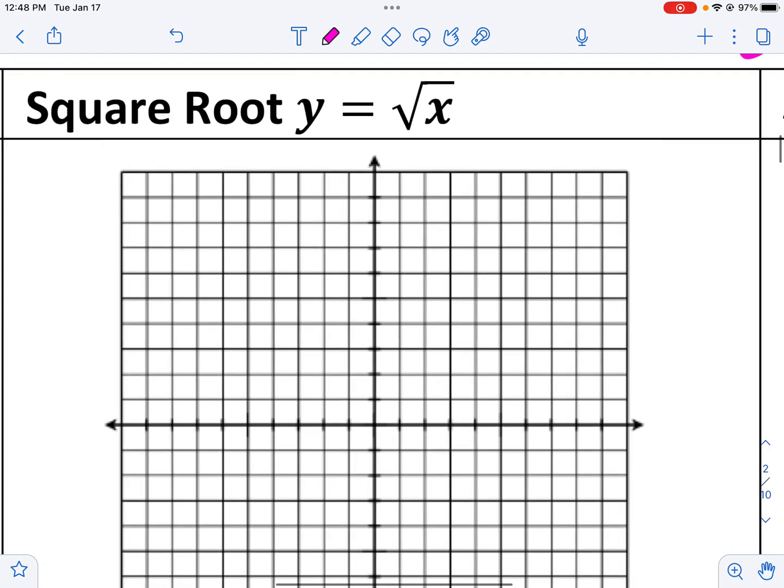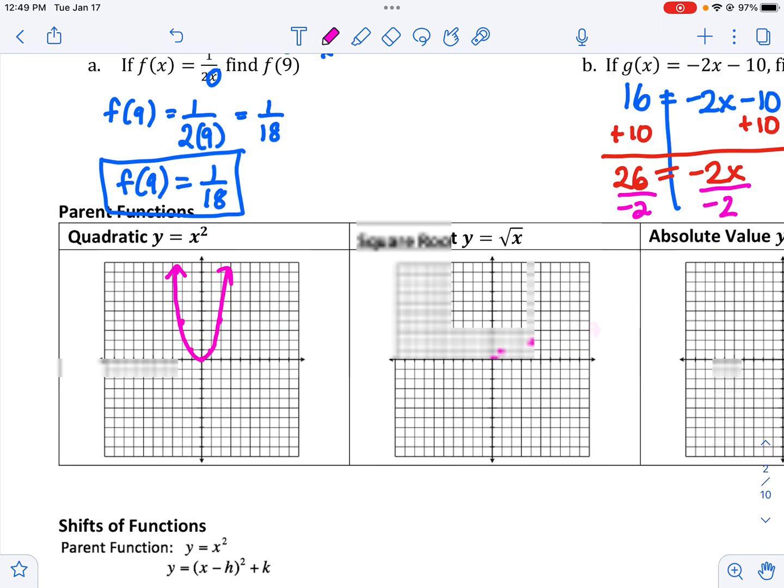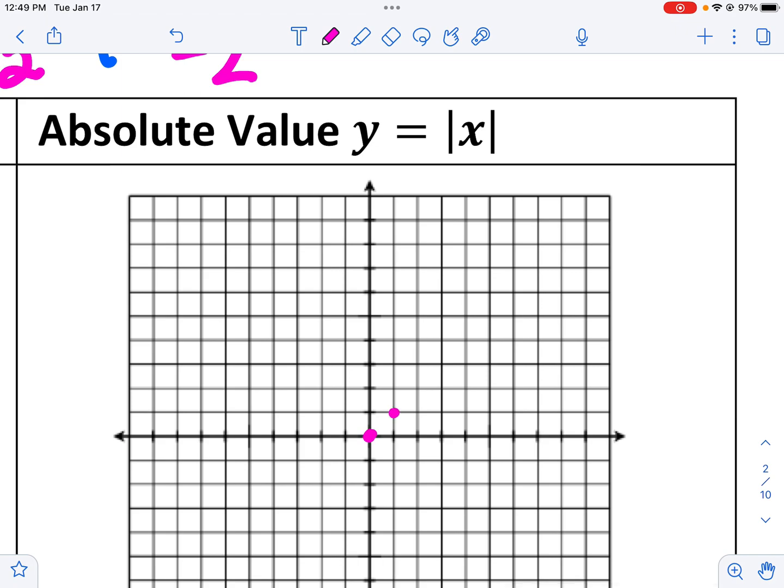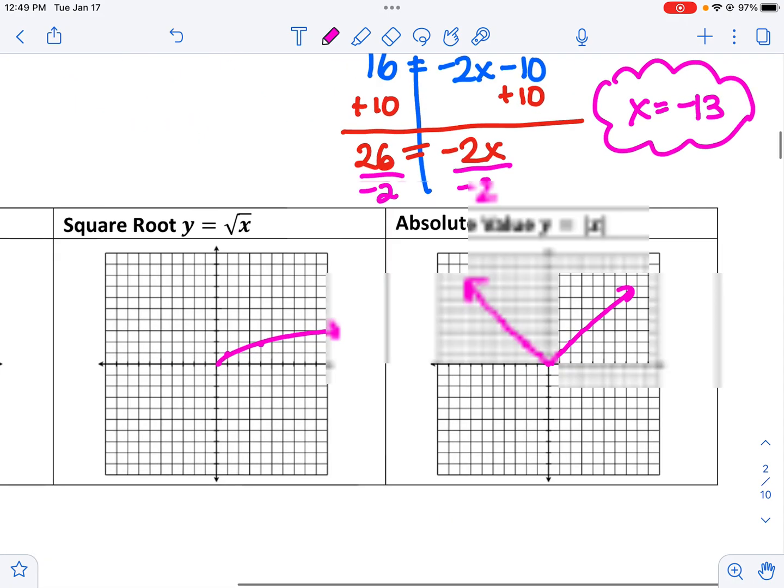Then we had our square root function, which looks something like this. That slowly increases. So there's the square root function. And the absolute value function, the vertex was at 0, 0, and it went up 1 over 1 in each direction. So here's our absolute value or V-shaped graph.